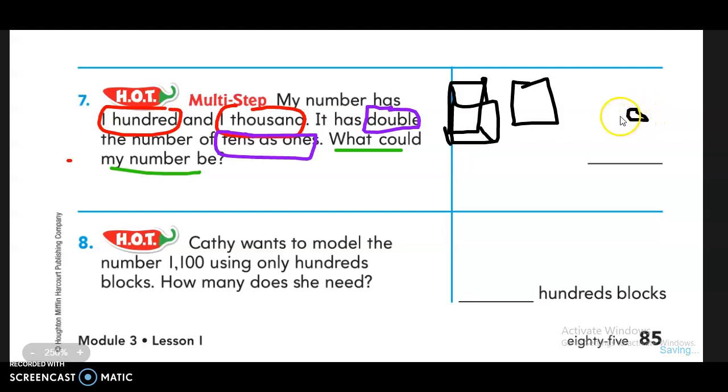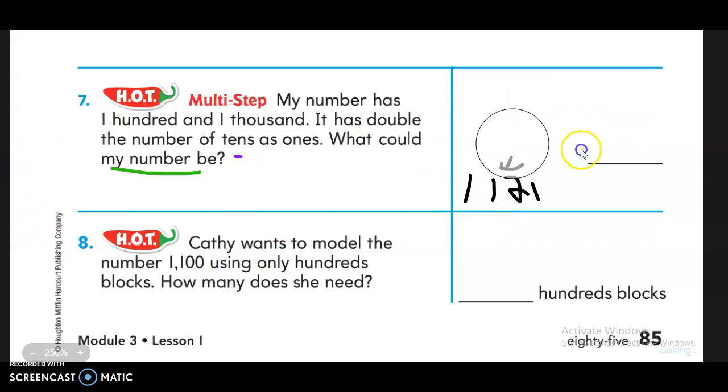So 1 plus 1 is 2. So now what do I have? 1,121. It could be a whole bunch of different numbers. Whatever you did to this one, as long as you doubled it and got that double right here on the tens, it'll be correct.